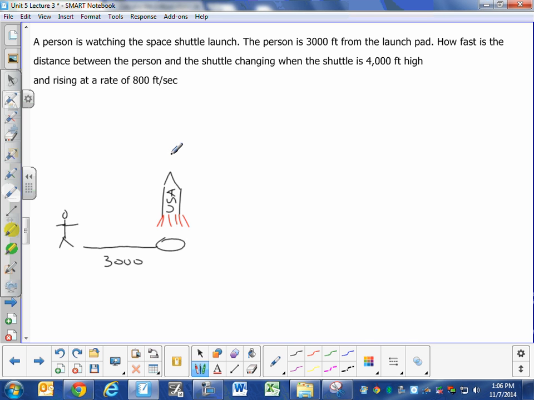How much it's changing. Well, I'm going to use d. I'm wondering what dD/dt is. At this specific moment, when the shuttle is 4,000 feet high and it's rising at a rate of 800 feet per second.